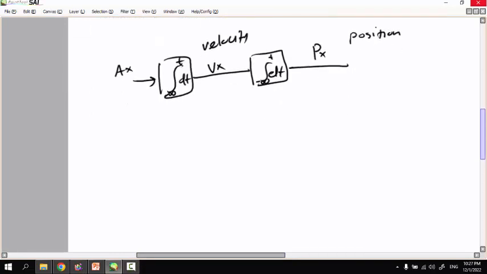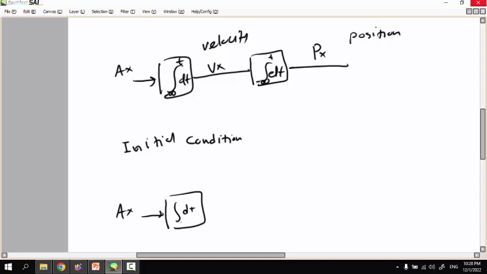Let's write it again, with some initial conditions: Vx at time 0 and Px at time 0. So we have ax, the same quantity, and we integrate with respect to time, but now from 0 to t, and we add Vx at time 0, the initial condition.